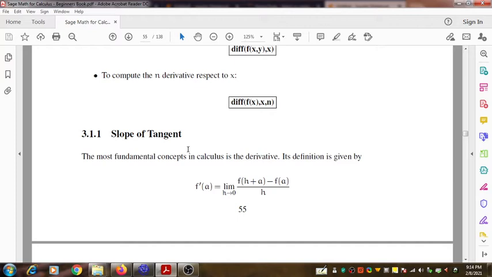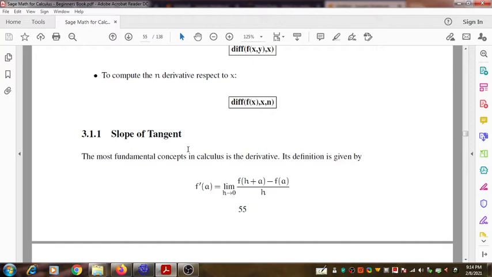When you specify the point at which you evaluate the limit, you get a number. If you do not specify that point and allow it to vary, then you get the answer as a function of x, an expression in x. That expression is called the derivative of the given function f(x).